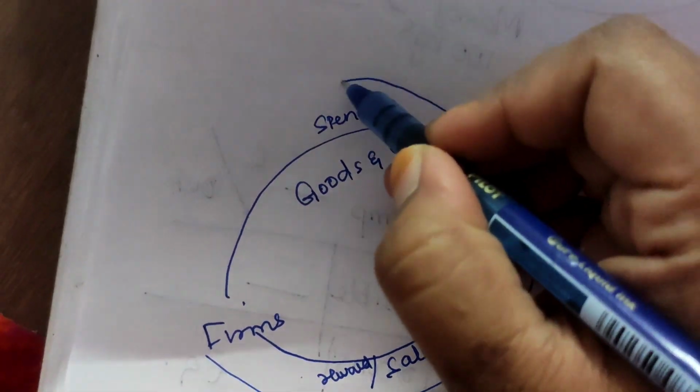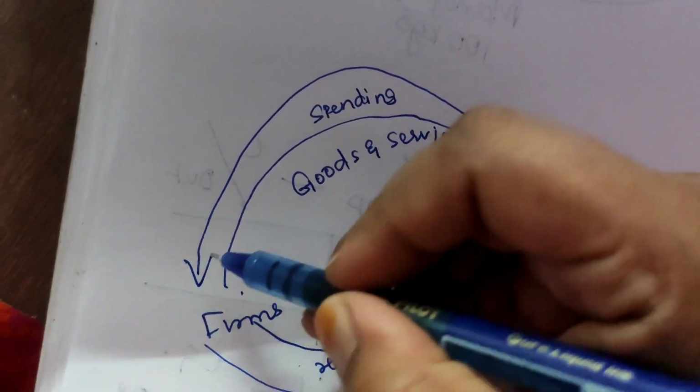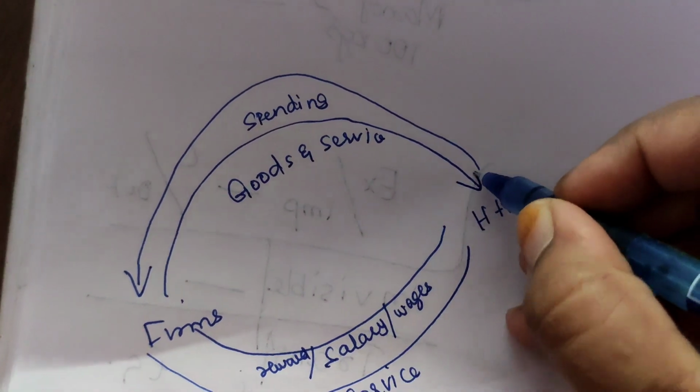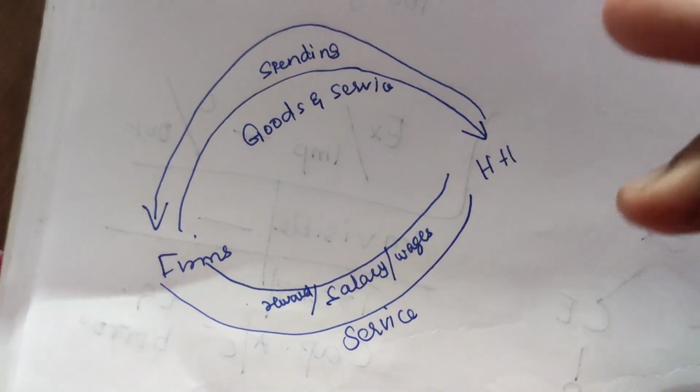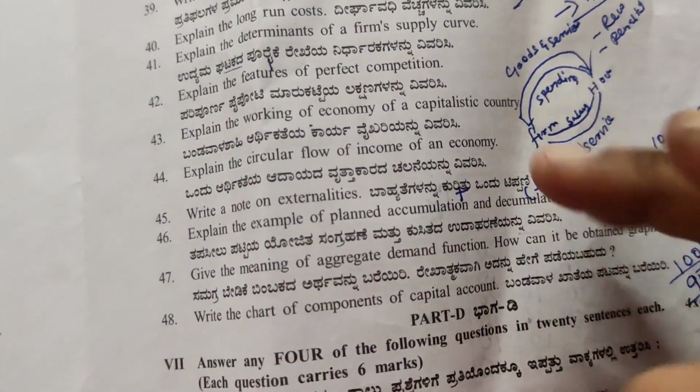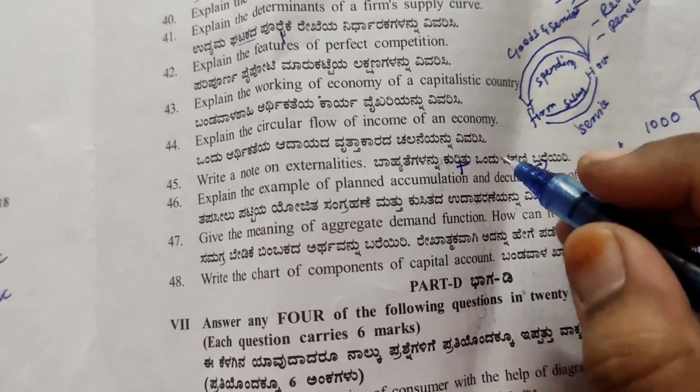Household will spend the money to firms, to which firms will provide goods and services to the household. So this is the circular flow of income. And the story also you need to write the same.